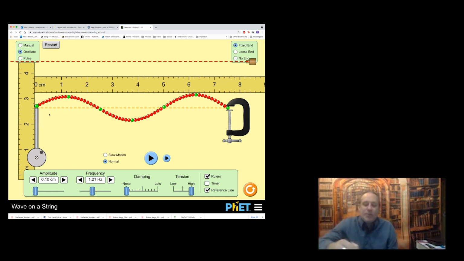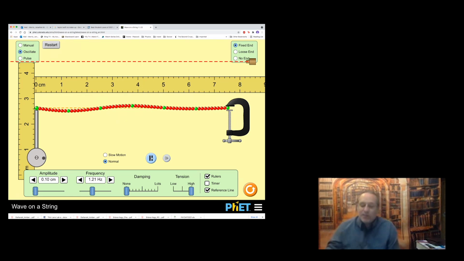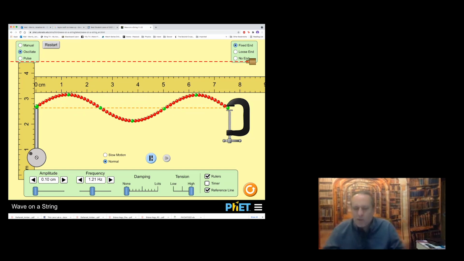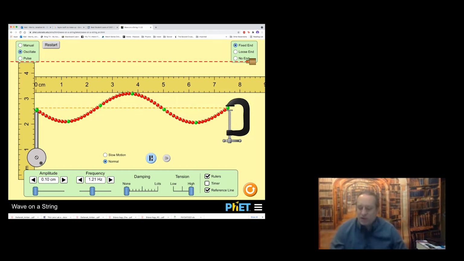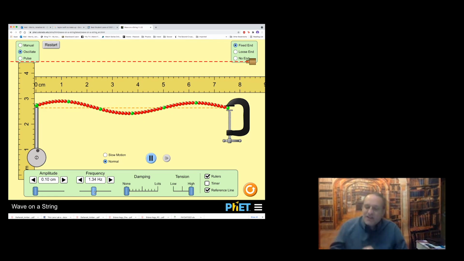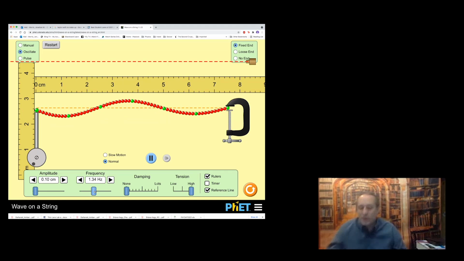If I had that whole picture with nodes and antinodes, this first hump is an antinode, the second one is an antinode, the third one is an antinode. So this would be a standing wave with 3 antinodes, if we could play it fast enough to see motion blur. And I'll go back to the whiteboard in a minute and draw some pictures to try to connect this with some physics.